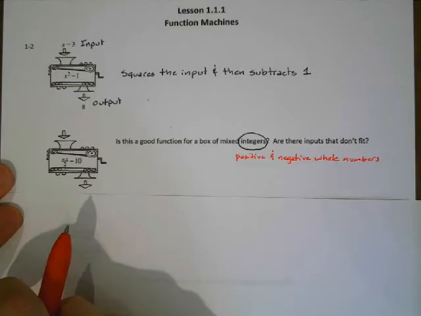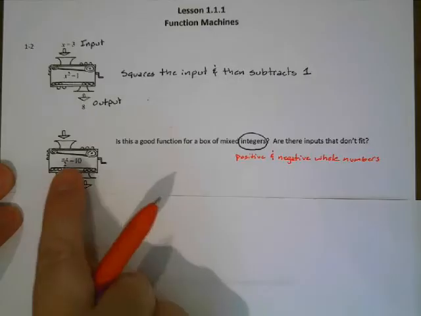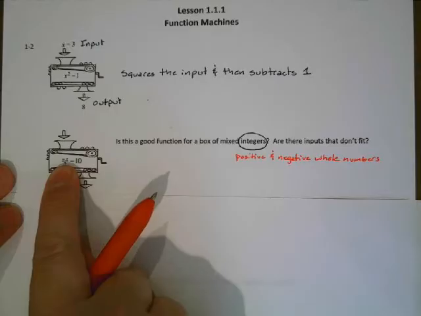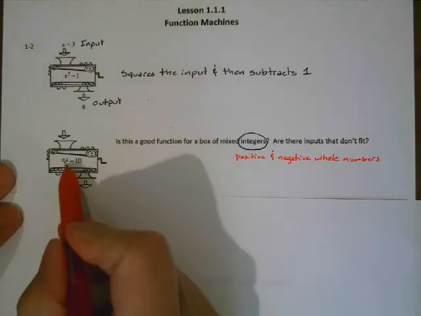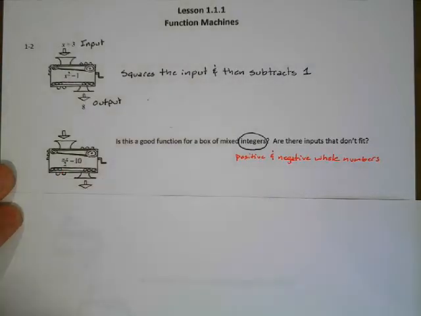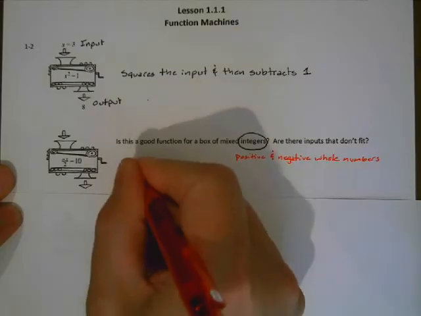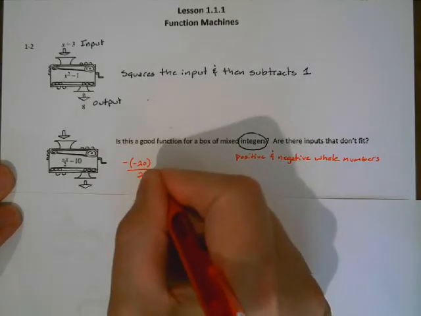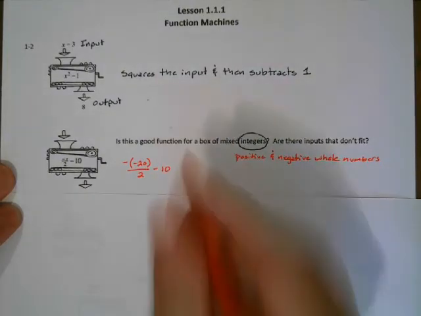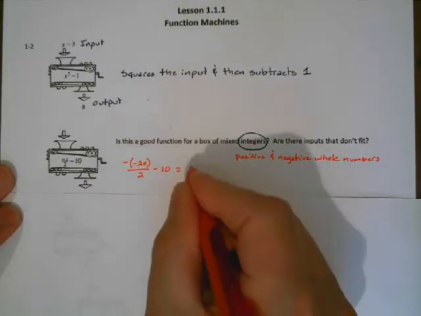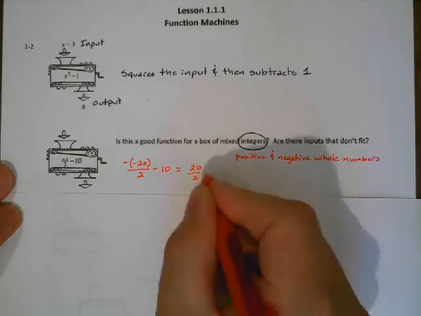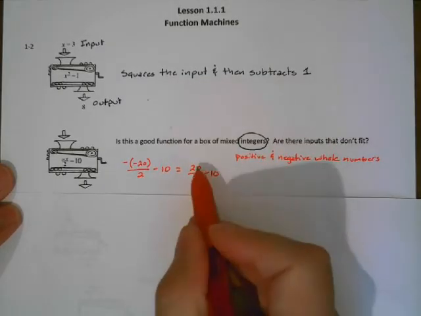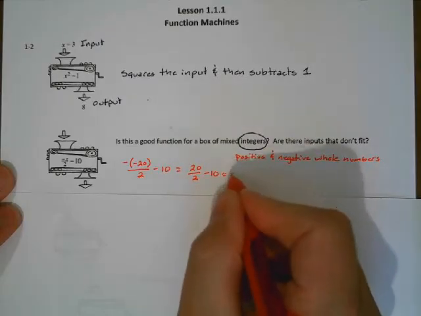This is not a good choice, because if we put a negative number into the x, the negative sign makes it positive. If I plug in negative 20 for the x value and divide by 2, this ends up being 20 over 2. And 20 over 2 is 10, so I get 10 minus 10, which is 0. 0 is not a negative number.